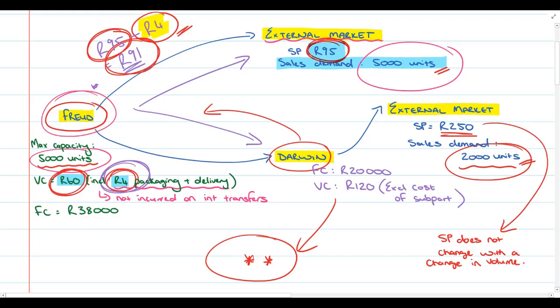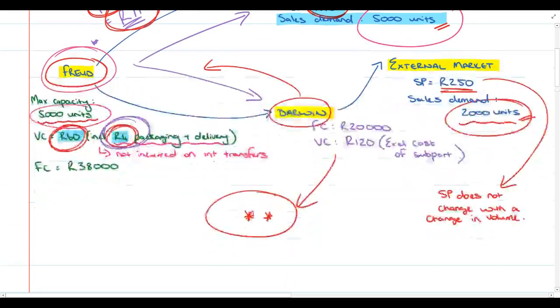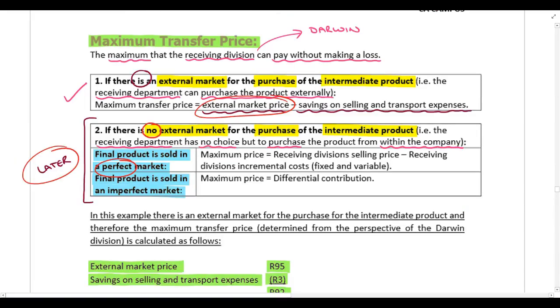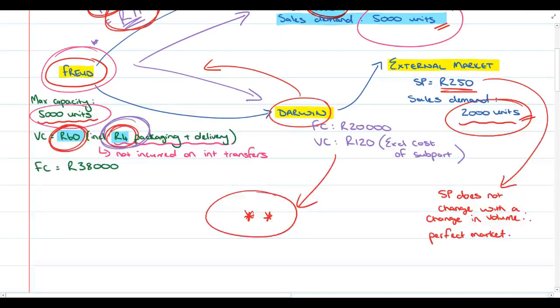So because the selling price does not change with a change in volume, I'm dealing with a perfect market. Please note also, you are looking at the sale of the final product. The final product that the Darwin division is going to sell for 250 Rand is being sold on a perfect market because my selling price does not change with a change in volume.